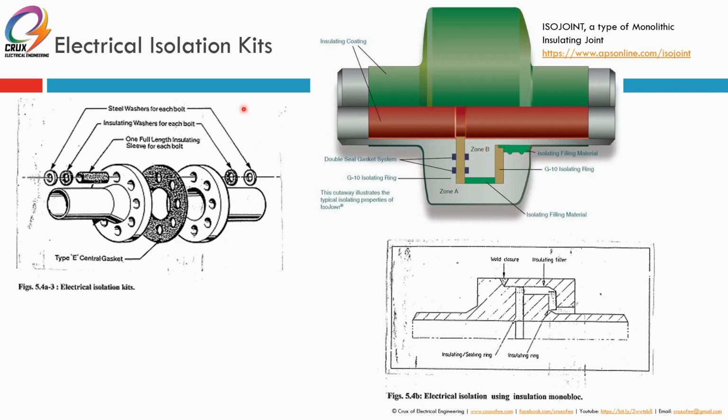Normally this side will be coming from the underground pipeline, and this side will be going to the above ground pipeline, so that the cathodic protection will only end here. It will not go all the way up, so the above ground pipeline will not be cathodically protected. Same goes for here, it's the same concept as the MIJ, monolithic insulating joint.